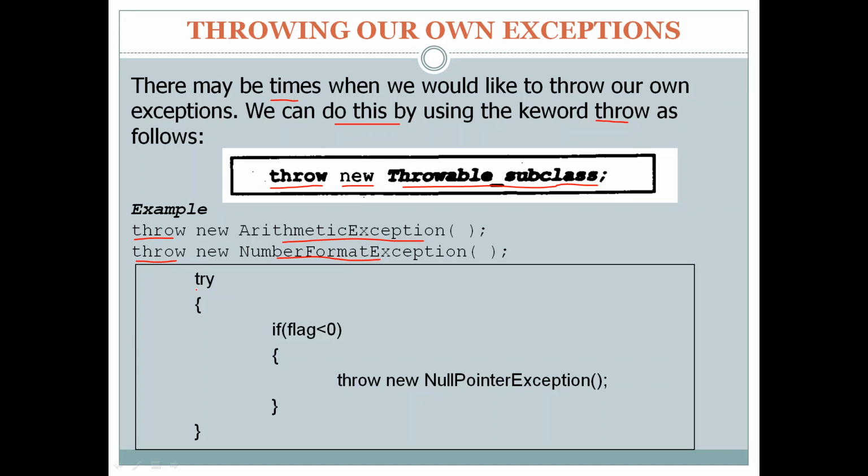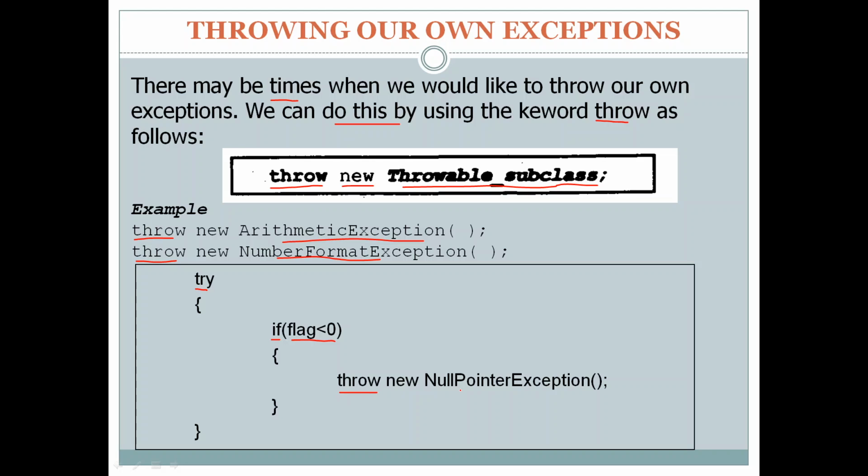You can see we use the try block. Inside the try block we have a condition, say if flag is less than 0. Flag is a variable which contains some value, and if that value is less than 0, we are throwing an exception. What exception are we throwing?